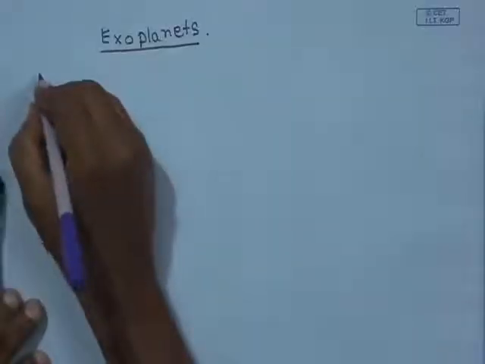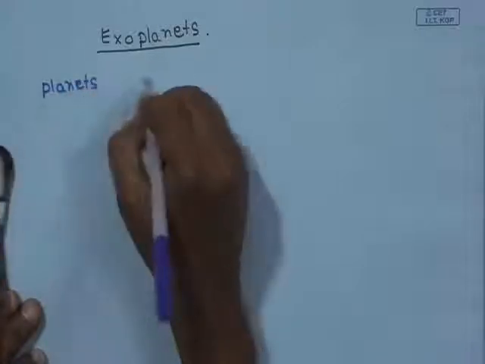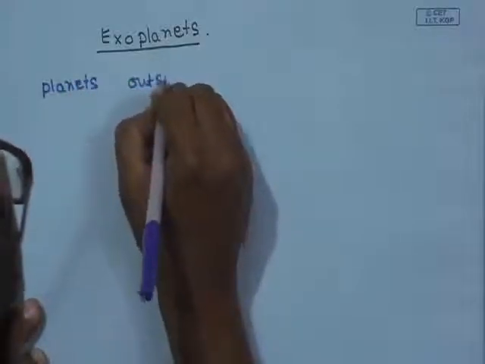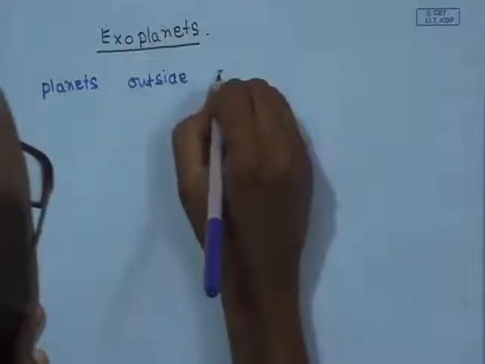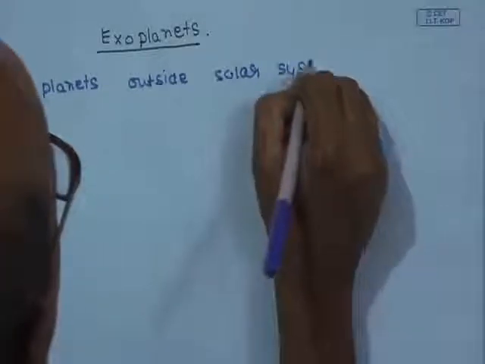We have discussed planets in our solar system, and we have seen that there are 8 planets, and now there are the minor planets also. So, 8 full-fledged planets. Exoplanet refers to a planet which is outside the solar system. So, they are in orbit around other stars, not the sun.